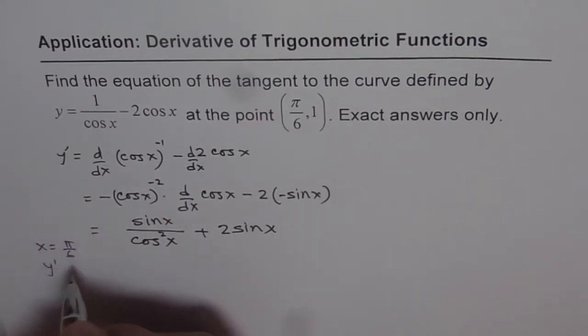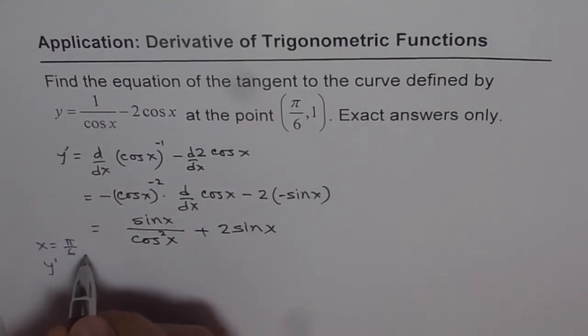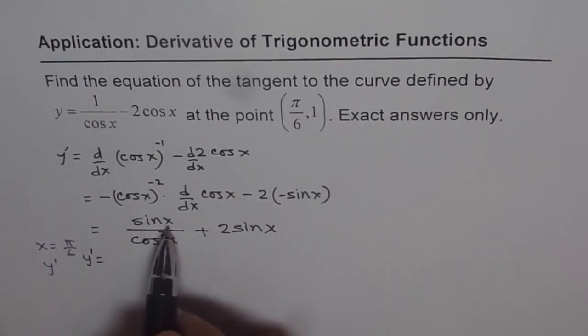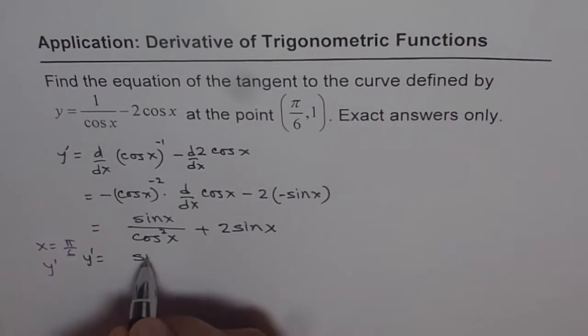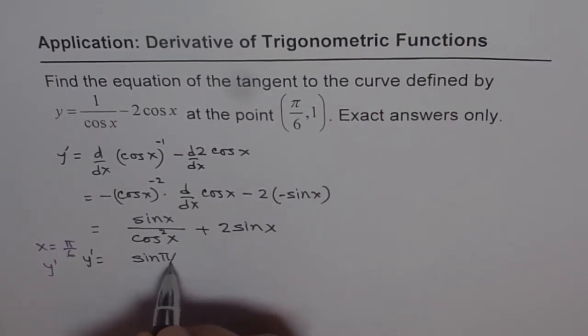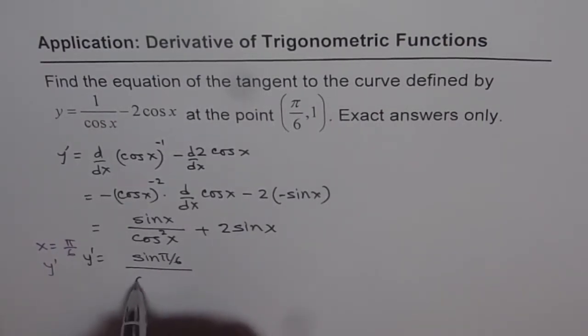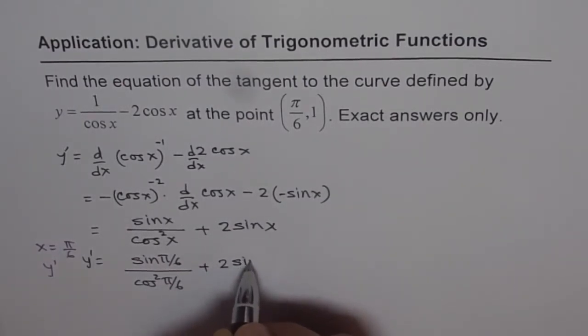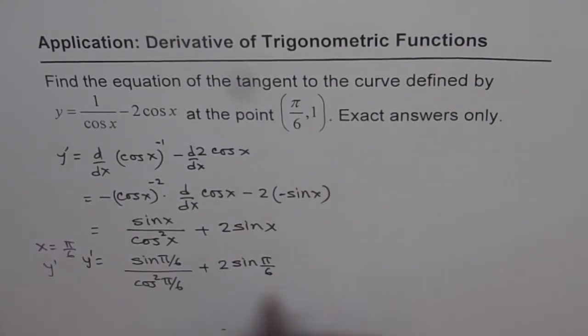So now y dash at pi by 6: we substitute pi by 6 here. So we get sine of pi by 6 over cos squared of pi by 6, plus 2 sine of pi by 6.